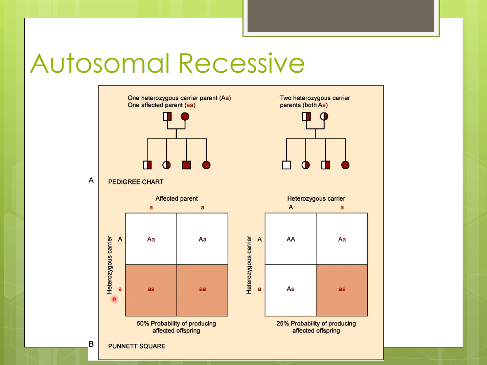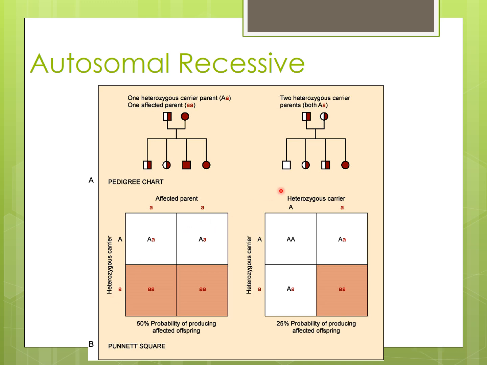The other 50% are going to be heterozygous in that they carry one dominant and one recessive allele. They are not affected, but they will most likely pass on that recessive allele and could have affected offspring if they are mating with individuals that also carry the recessive allele.